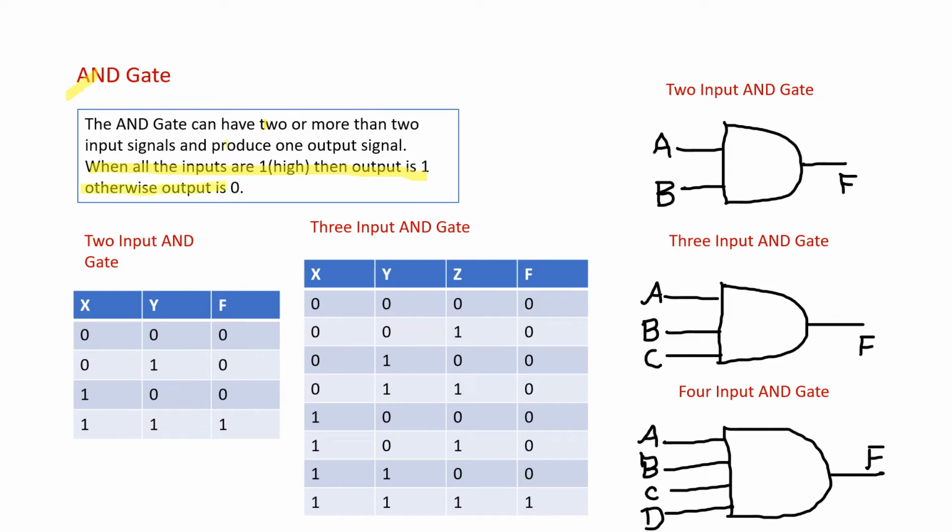And the truth table for the 2 input AND gate and 3 input AND gate is given, and from the truth table we can see that only if both the input signals are 1, the output is 1. And you can notice the symbol for the AND gate here, and we can see the 2 input AND gate, 3 input AND gate, and 4 input AND gate. Also you can notice that there is only one output produced from these AND gates.